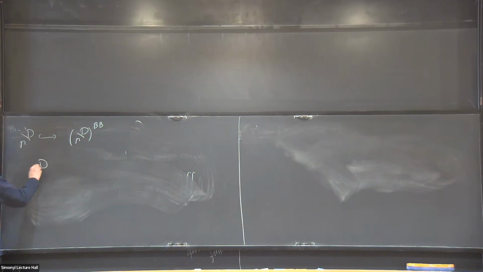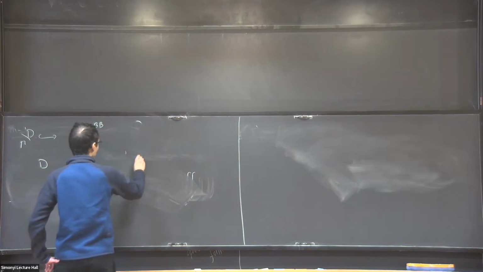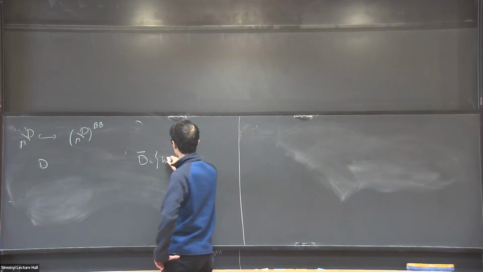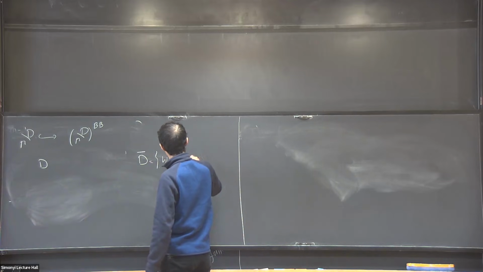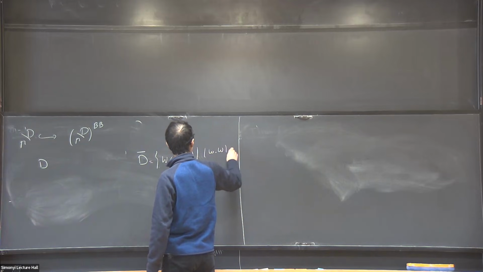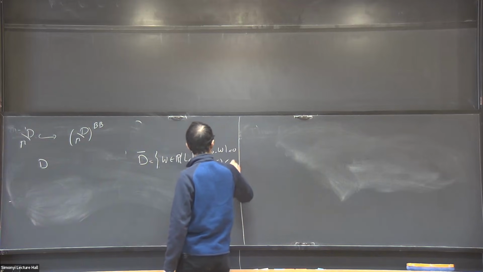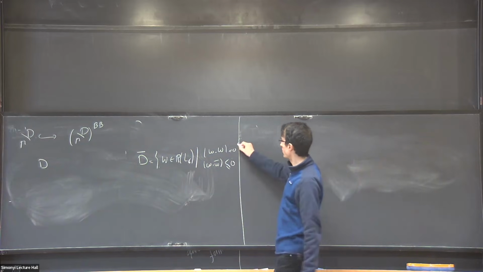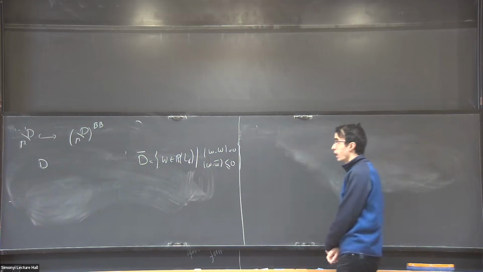Well, we can look at D inside D bar, which are now just a set of lines that are still isotropic with respect to the quadratic form, but I will relax the negativity condition, this inequality, omega bar at most 0.